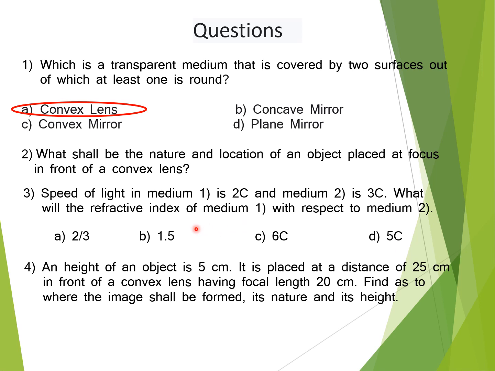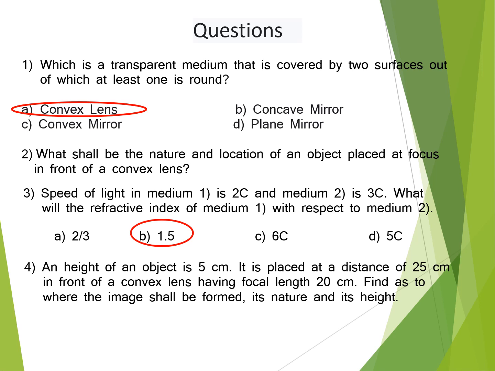Medium 1 will go down, and with respect to medium 2 it will be up. So N12 is equal to speed of light in medium 2 divided by speed of light in medium 1. So N12 will be 3c upon 2c, which will be equal to 1.5. So the answer is B, 1.5.